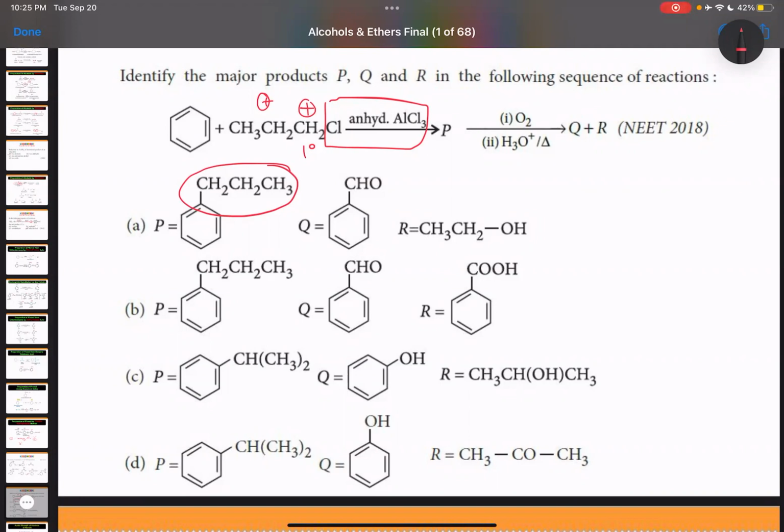That is cumene. C and D both have cumene.